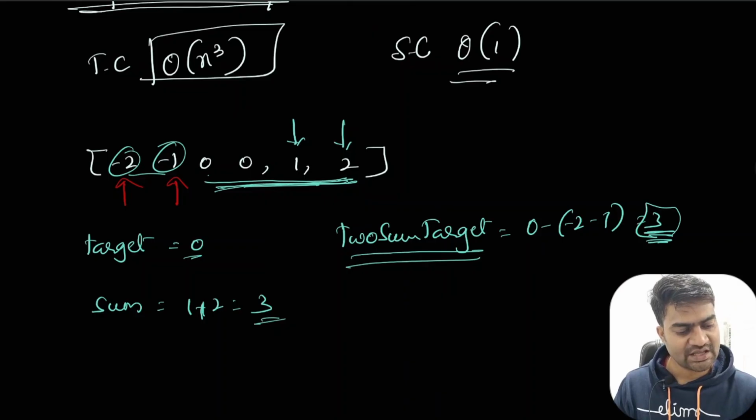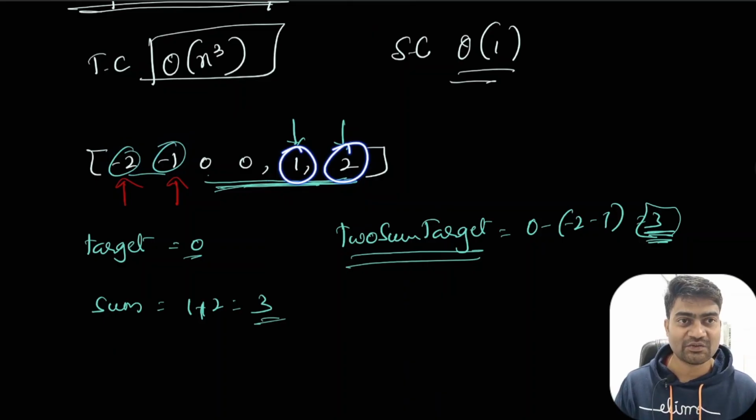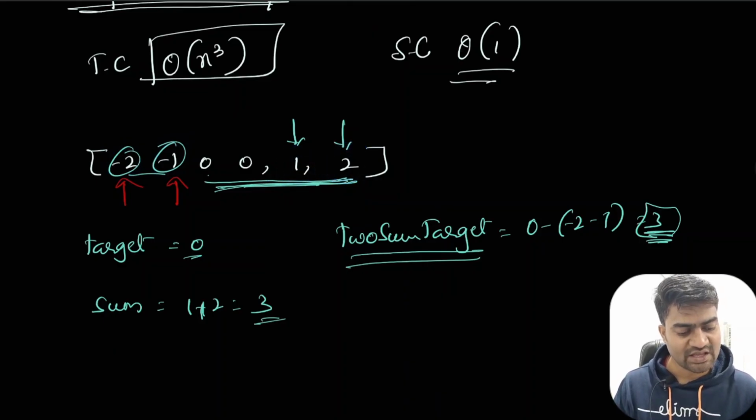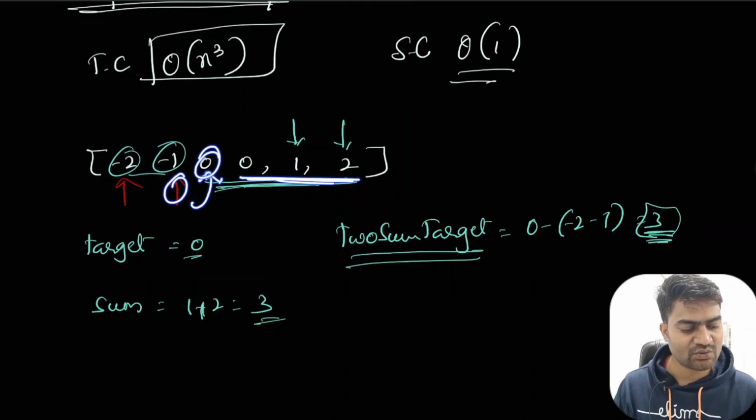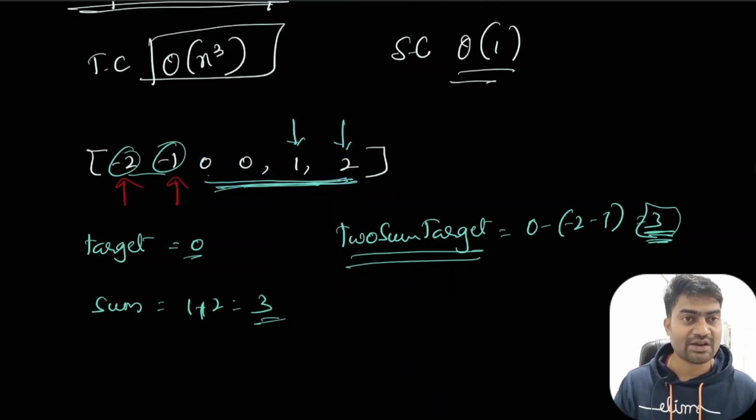Now we have this number as the first number, this as the second number, this is the third number, and this is the fourth number. We got one quadruplet. In the same way, you fix the first here, then you move the second number to here, then you find two sum in the remaining numbers. This way we can easily process and get the quadruplets.